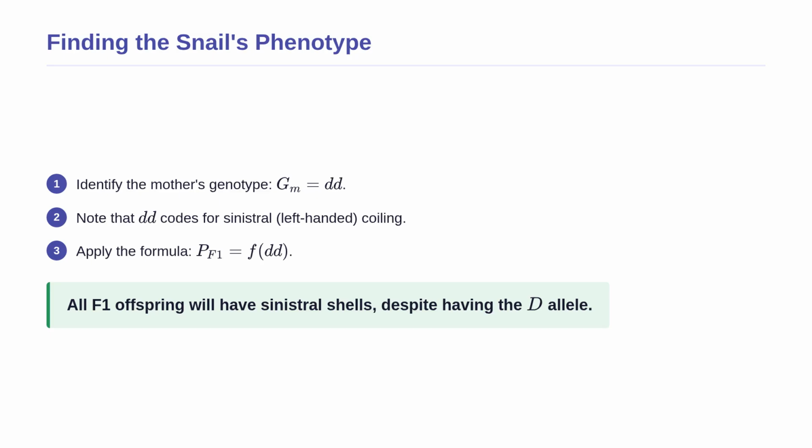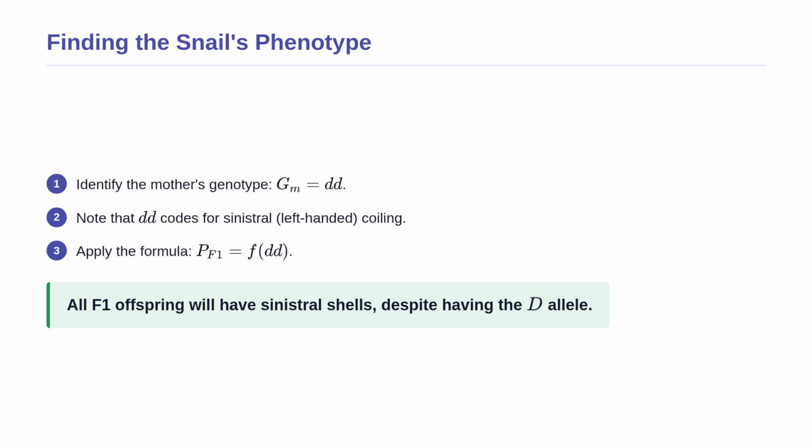Let us execute this final calculation. We are asked to find the physical appearance of the offspring. We know the mother's genotype is lowercase dd. We also know that the lowercase dd genotype codes for sinistral, or left-handed coiling.